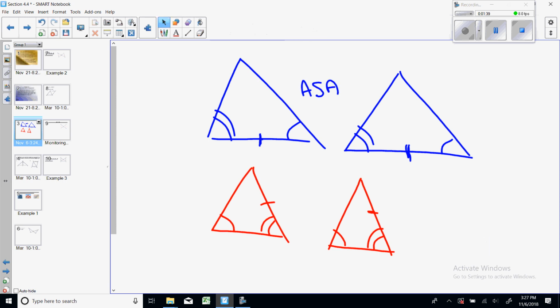But on the bottom triangle, you'll notice that the side is across from one of the two angles. If I drew a line from here, I'd hit this side. That means this is angle angle side congruence because the side is not in between the two angles that happen to be congruent. Okay, so you've got ASA on the top and AAS on the bottom.